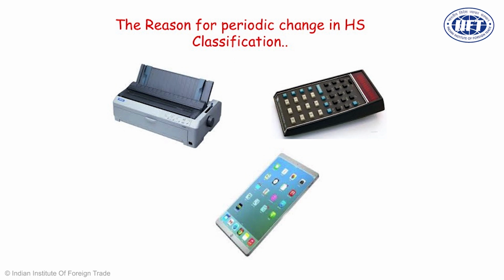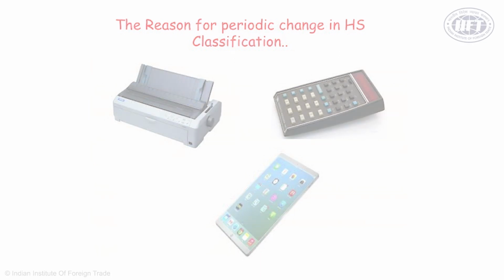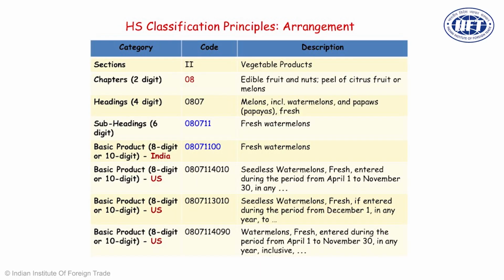So how are we going to classify products for international business? We can look at one practical example. Suppose we are looking at one vegetable product, which can be watermelons. They will come under section 2, vegetable products. Under the section, we will find a number of HS chapters appear.